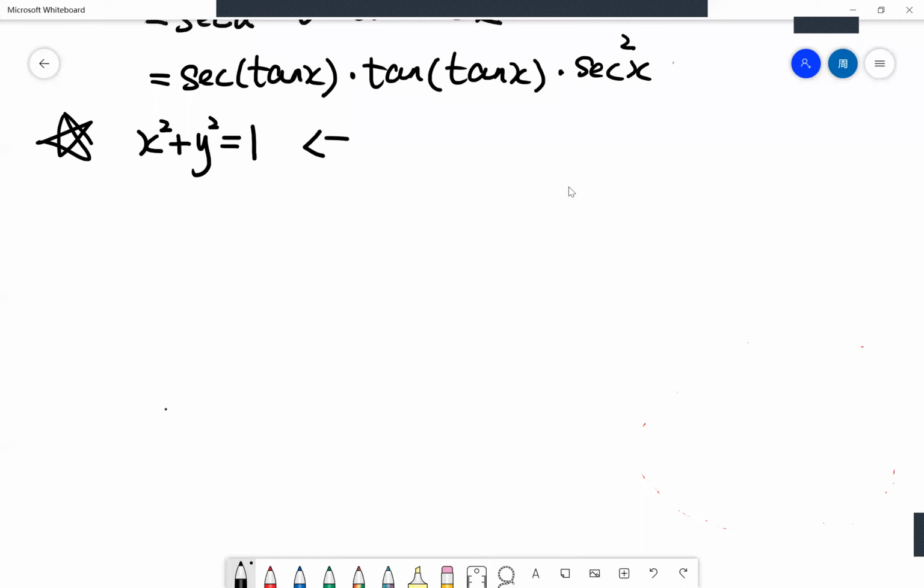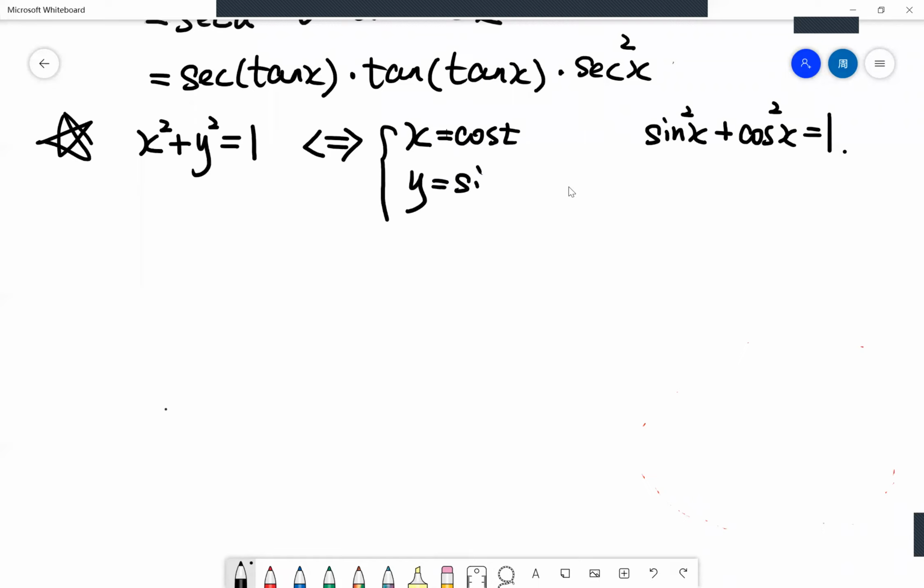Because for the trig functions, there is the formula sine squared plus cosine squared equals 1, we often write x equals cosine t and y equals sine t.